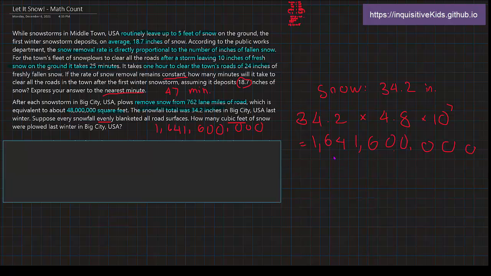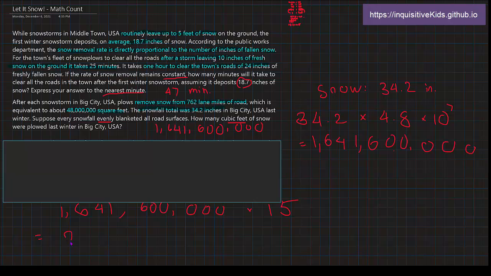And every one of these cubic feet weighs about 15 pounds. So we're going to have to do, and then we're trying to find how many tons of snow were plowed in Big City, USA last winter. All right, so we're going to do 1,641,600,000 times 15, and then we're going to get a final answer.